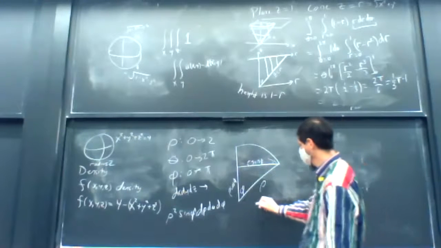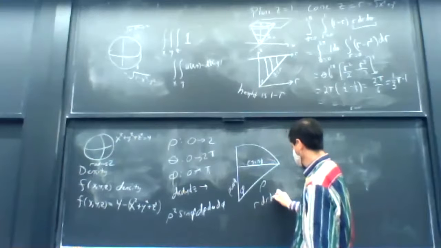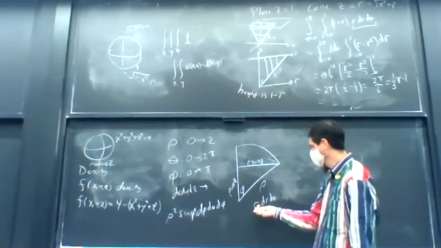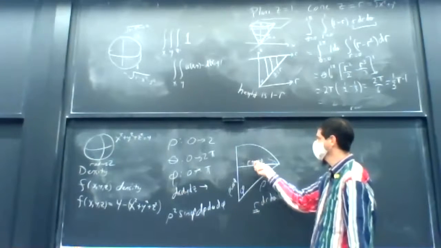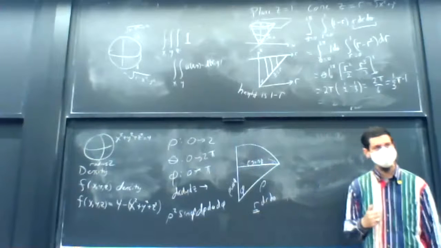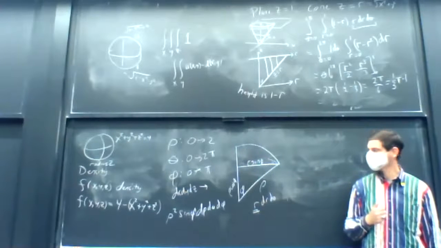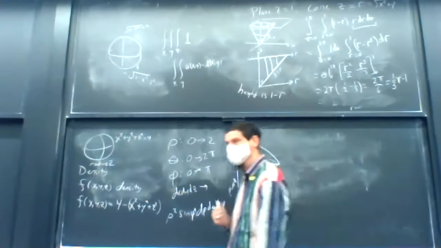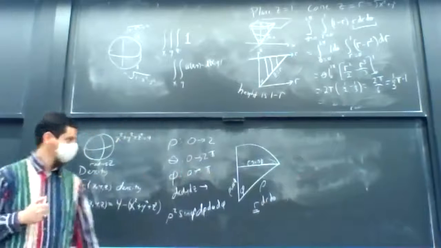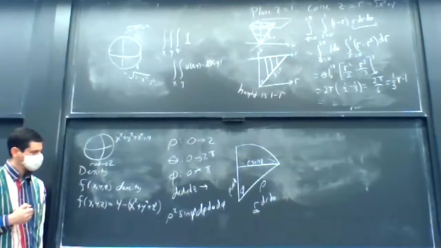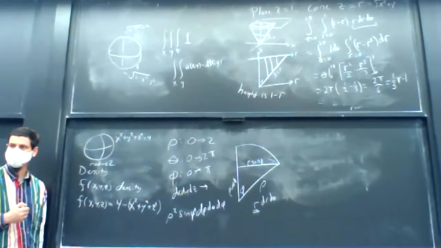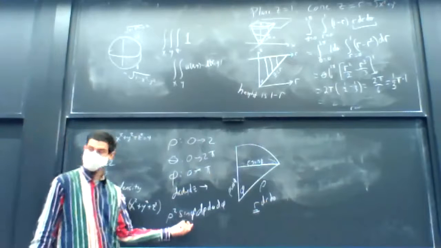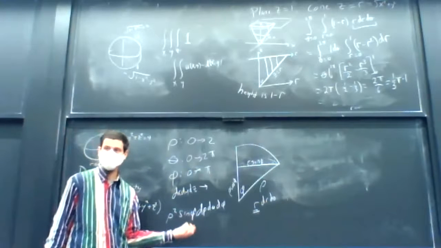So the polar coordinates is r dr d theta, but now the role of r is rho sine phi. And that's another way of reminding you that it should be rho sine phi, not rho cosine phi or sine theta or cosine theta. This is going to be non-negative, but this is just something that needs to be memorized.